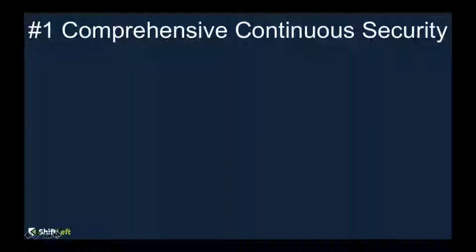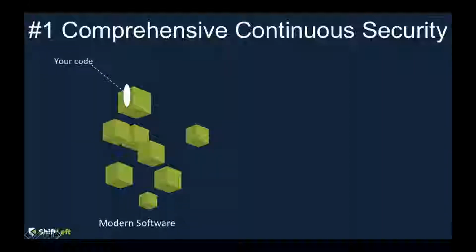So let's look at continuous comprehensive security. Modern software is increasingly assembled rather than developed from scratch. So it includes your custom code that you're writing, which is serving your business need or is specific to your business vertical.